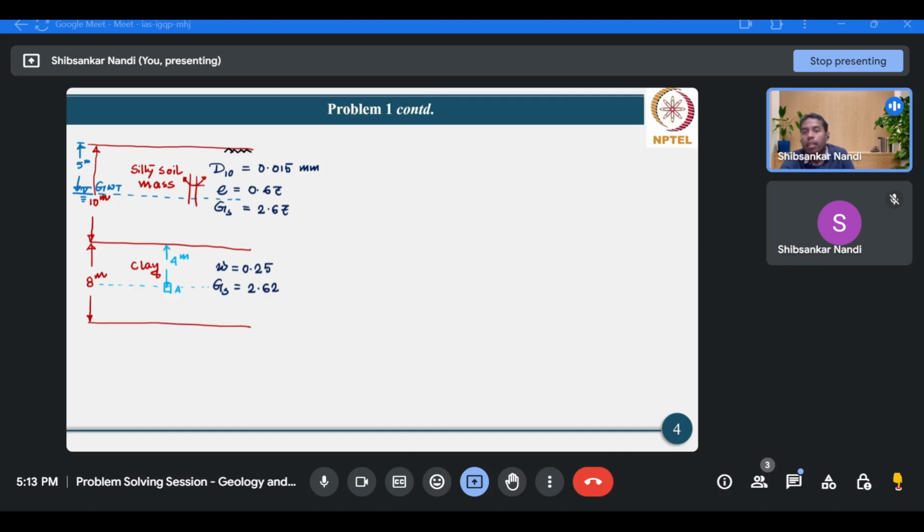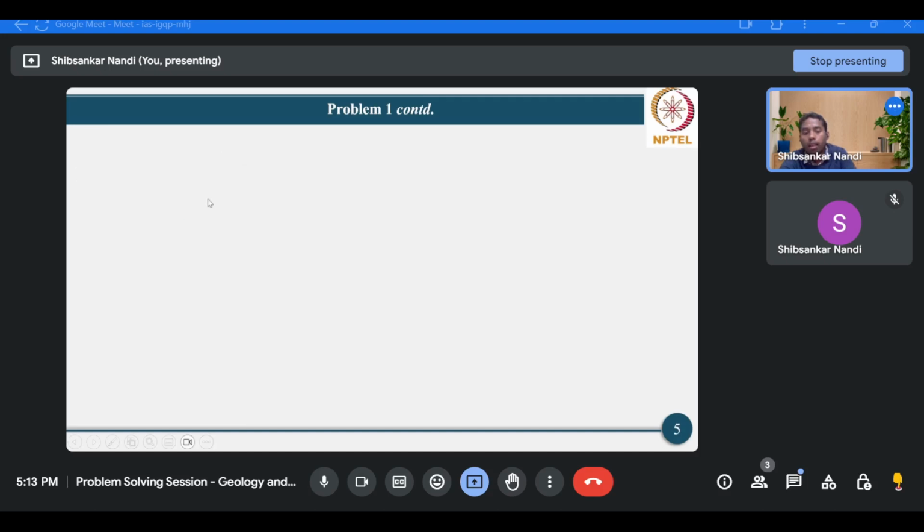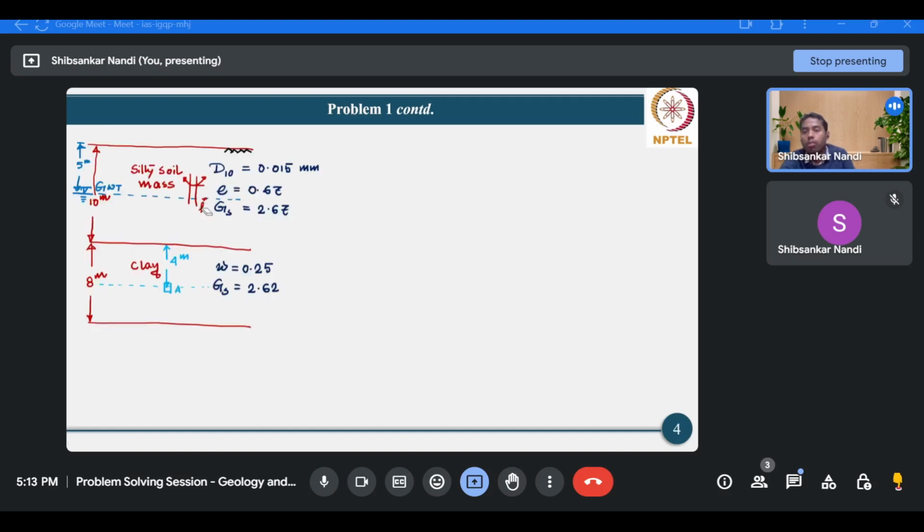Now this height is denoted as AC, and is nothing but the capillary height. Due to this capillary action, the soil mass even above the groundwater table will be under complete saturation up to a distance of AC. Therefore the calculation of AC is very essential.